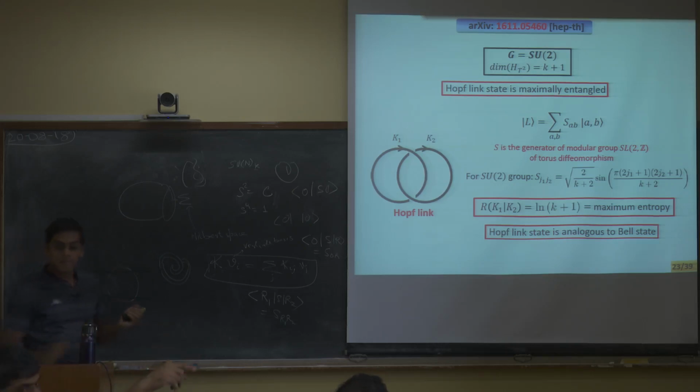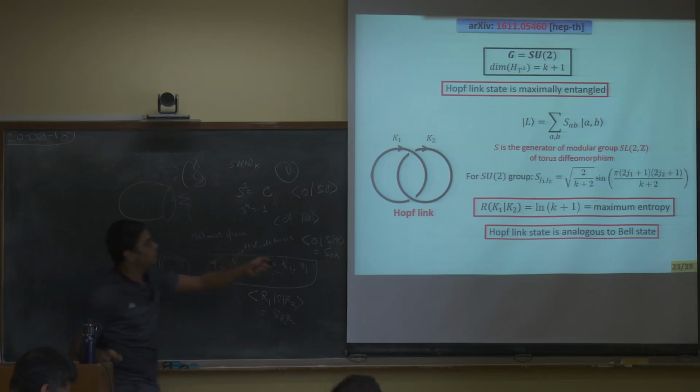You answered this, but just a remedial question before you go to the complicated thing. On S3, if you have two unlinks, then you say the entanglement entropy between those two is 0. Help me understand, give me the proof for that.